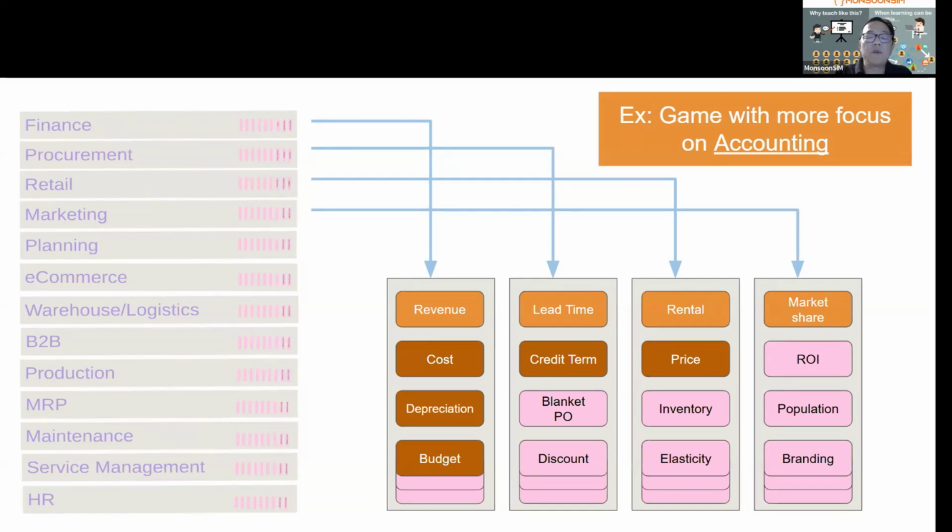And then, of course, from there, you can build your curriculum, such as if you want to go into managerial accounting, financial accounting, or sustainability, and so on. It's up to you. But the point is you configure the scenario. Now, there is something very important in MonsoonSIM, where the complexity of the game evolves through time, right?